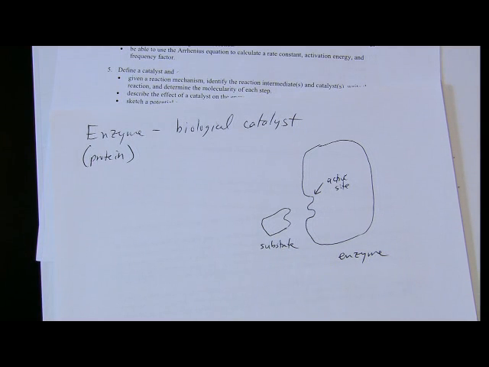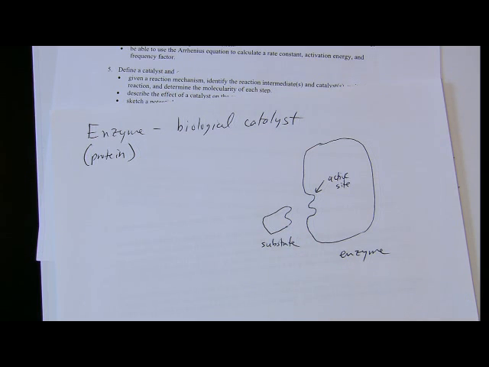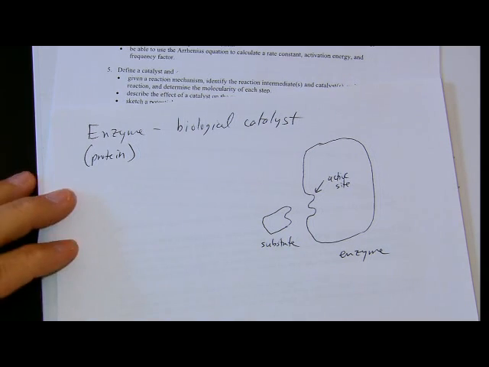In other words, if the substrate, for instance, has to react with water, the water and the substrate fit right in there, and then it goes on to react. If the water comes in contact with the substrate on its own, the probability that it hits the right place is very small. This puts the reactants in the right position, plus it stretches out the bonds a little bit, so it speeds up the reaction millions of times faster.